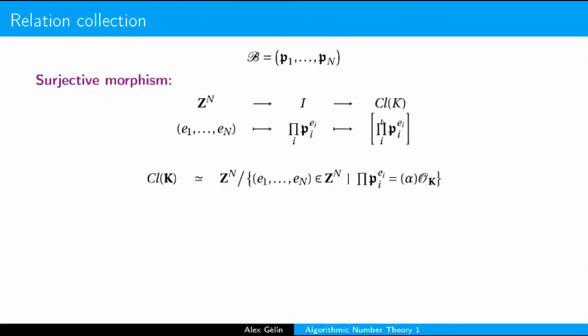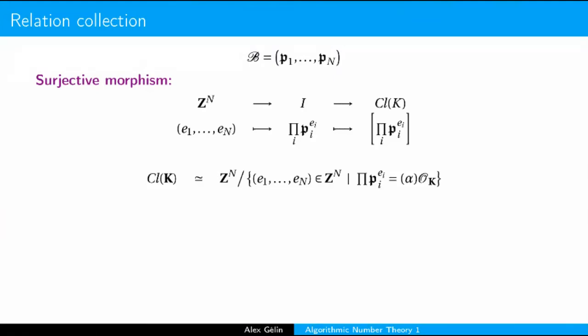Because I have a surjective morphism, I know that the image, that is the class group, is isomorphic to the quotient of Z^n by the kernel of this morphism. What is the kernel? One vector is in the kernel if the power product is 0 in the class group, so if the power product is a principal ideal. So when I say I want to find a relation, what I want to find is a vector in Z^n such that the power product is a principal ideal. These are exactly the relations I want to collect.